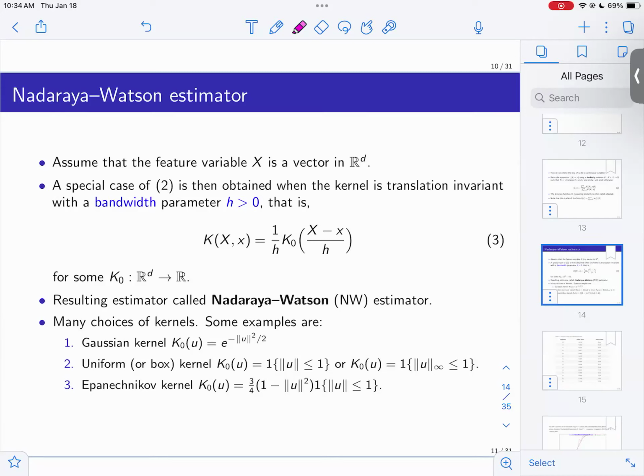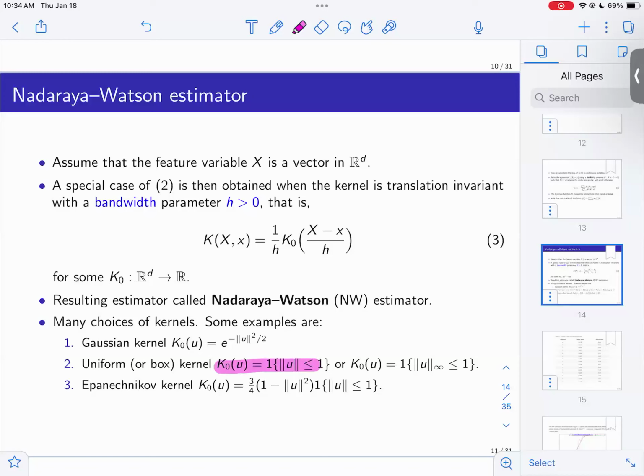So what are examples of these kernels? The general framework is usually these translation invariant kernels. So you start from a base kernel. Now these kernels are invariant, so that's the discrepancy in terminology. But you start from, for example, the box kernel would be the base kernel.